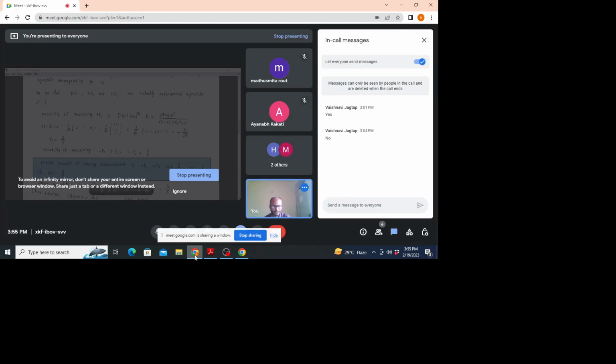That is the unitarity condition: total probability should add up to 1. So the probability of measuring minus E naught is 1 minus P plus, and that is 3 by 5. These are the two probabilities. So our final statement is this: the possible results of energy measurement are plus E naught with probability 2 by 5, and minus E naught with probability 3 by 5.